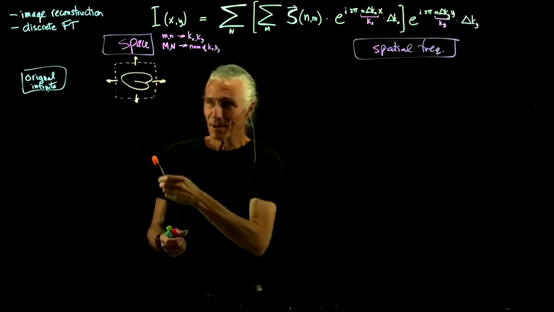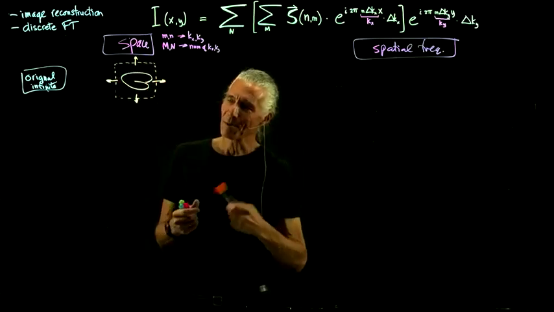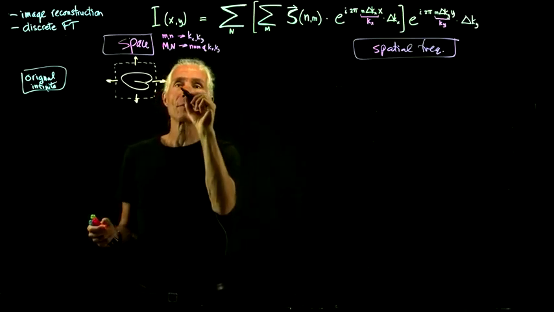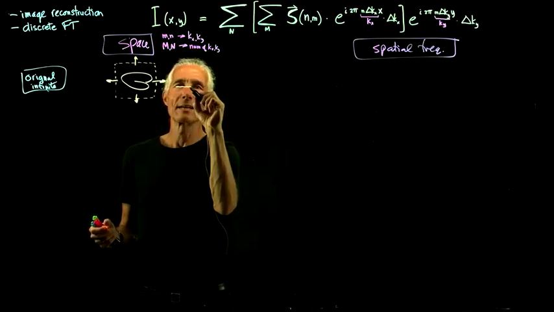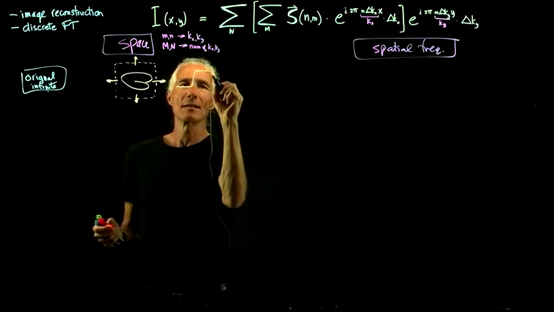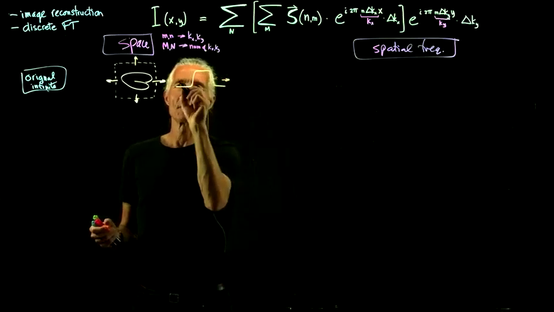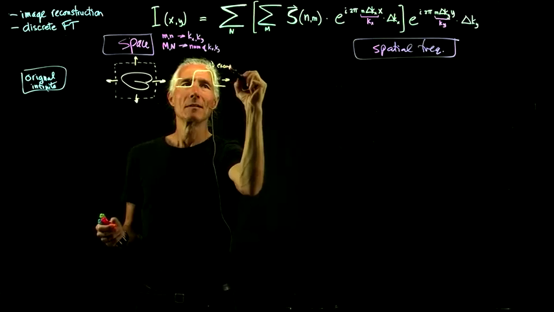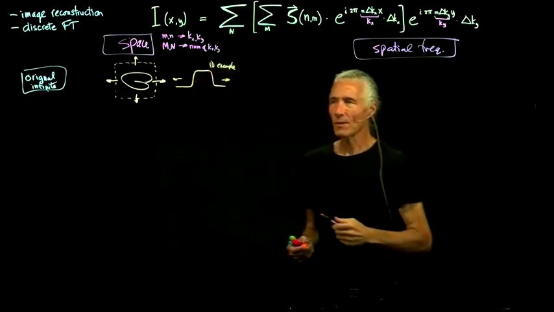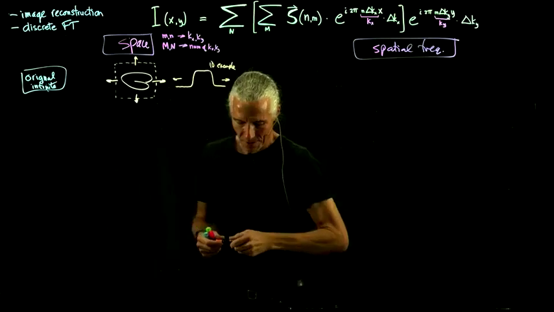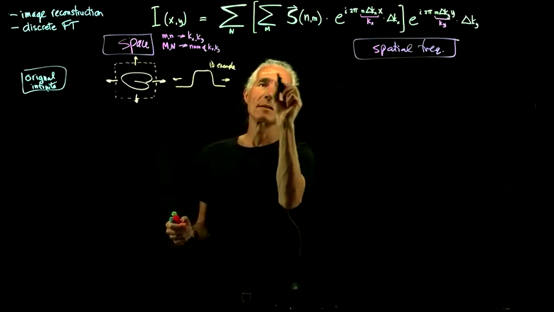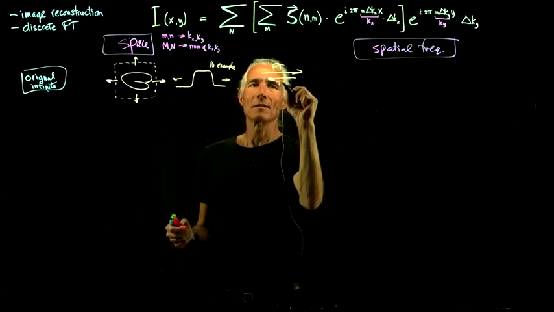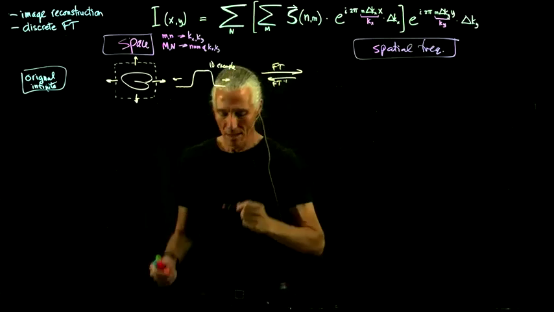Some things are easier to illustrate just in 1D because I need just a simple 1D graph. And so if you think of this as a 1D Fourier transform, what does it look like? Well, you've got black, and then you've got a brain, and then black. But it goes off to infinity. So this is a 1D example. So if we do a Fourier transform of that, here's going back the other way, FT minus 1.